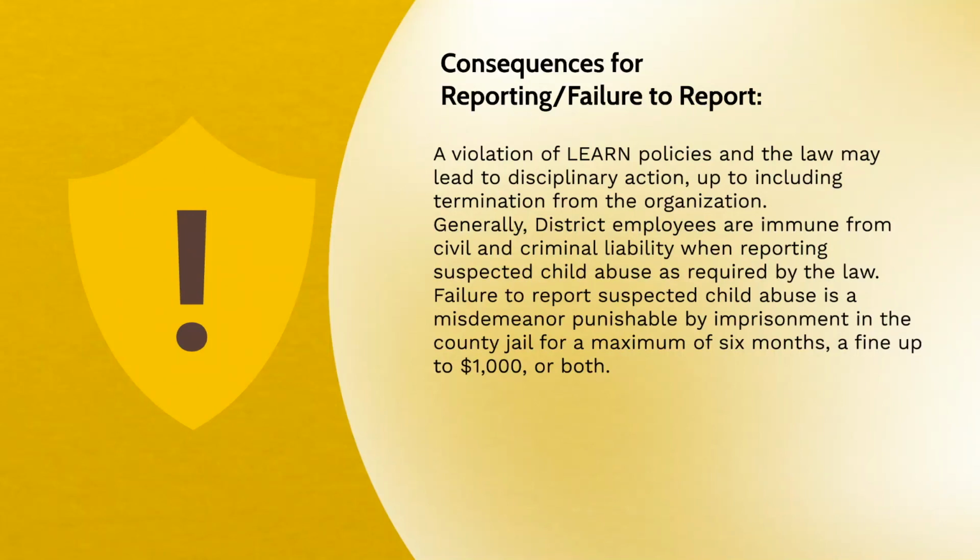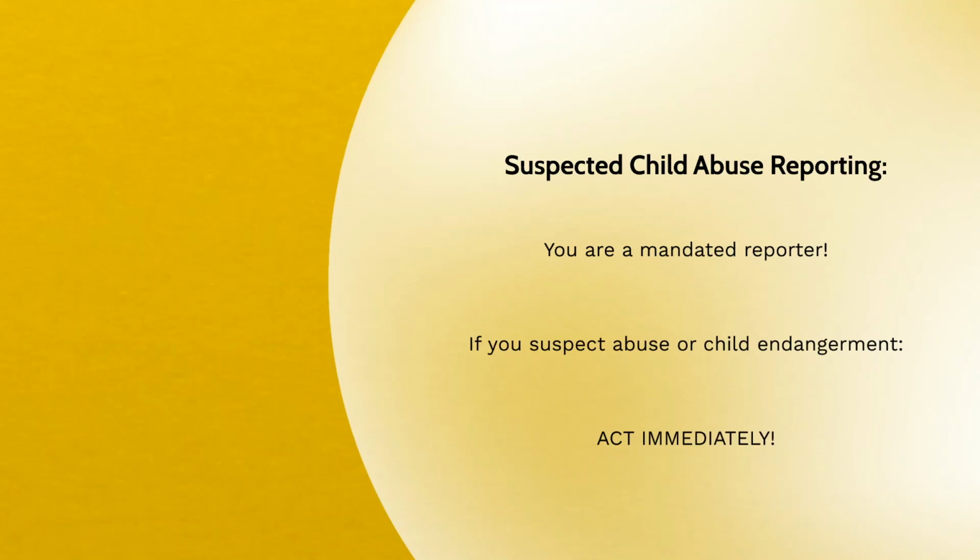Failure to report suspected child abuse is a misdemeanor punishable by imprisonment in the county jail for a maximum of 6 months and a fine up to $1,000, or both. Overall, please note, for any type of child abuse or suspected child abuse, you are a mandated reporter. If you suspect abuse or child endangerment, you need to act immediately.